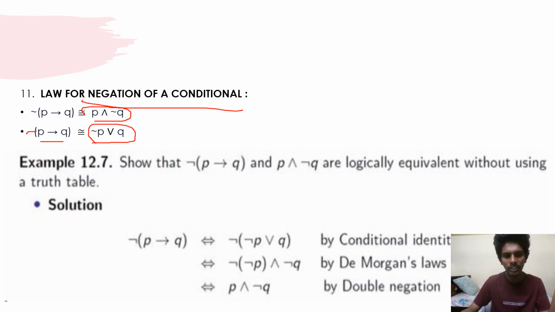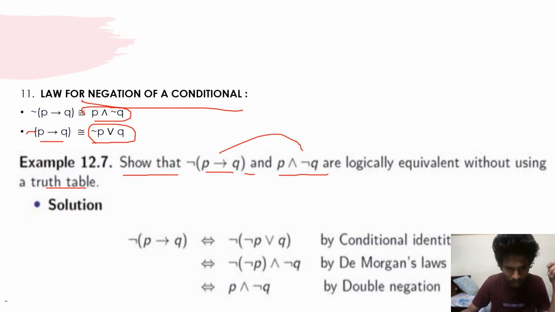So coming to the examples: show that negation of P conditional Q and P and negation Q are logically equivalent without using a truth table. So for this, we have to prove whether both are logically equivalent or not.